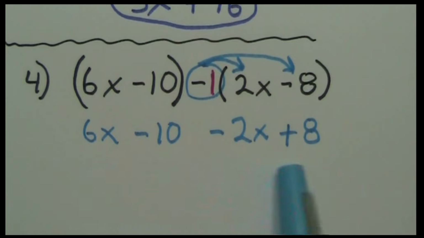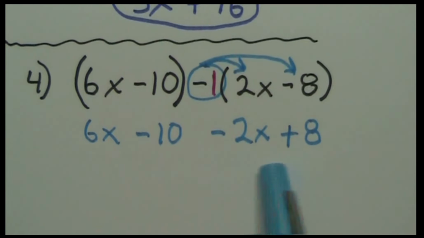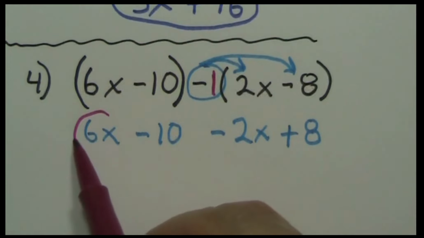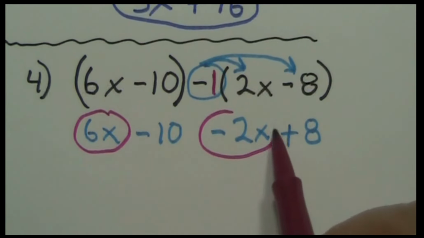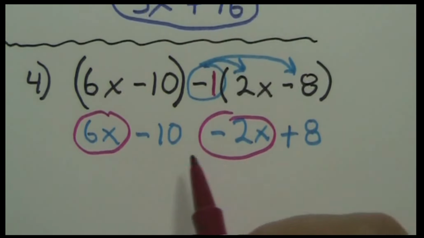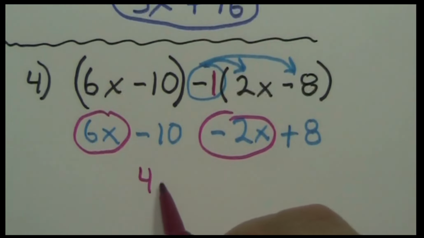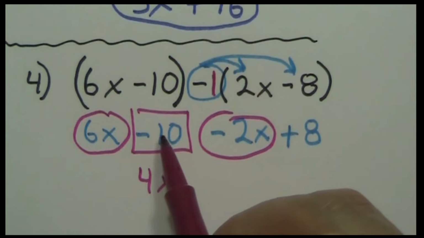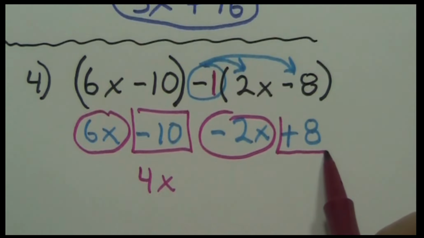All right, now we can combine like terms. So again, think of putting things on your tongue. So let's see, I have a 6x and a minus 2x. 6 minus 2 is 4. Then I have negative 10, this is my constants, negative 10 and 8.